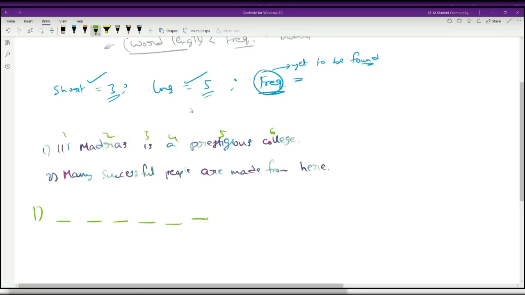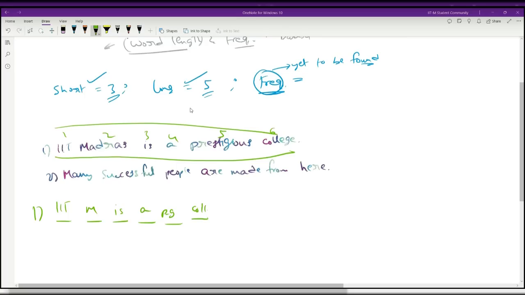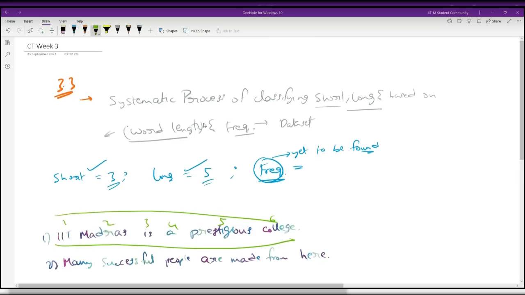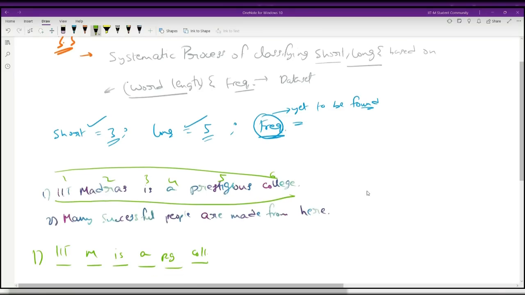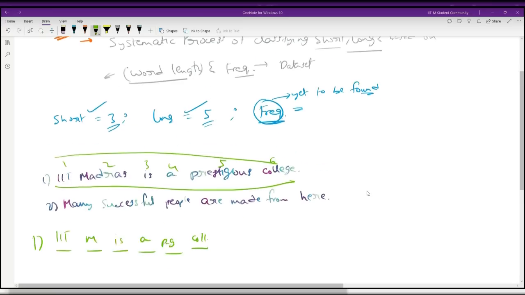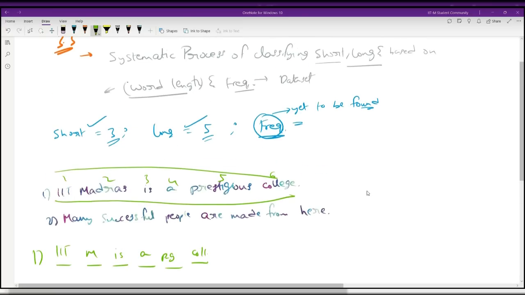So we are interested in the first sentence: IIT Madras is a prestigious college. Now we have to individually find the word length. This was the sole objective of this lecture. Am I clear? Yes, sir.